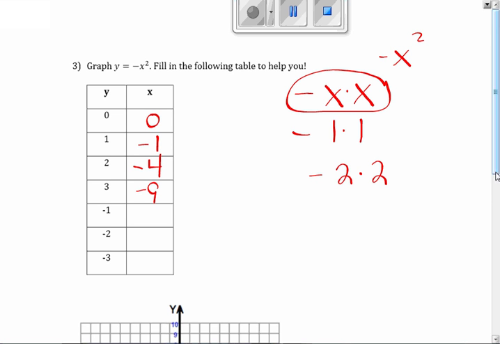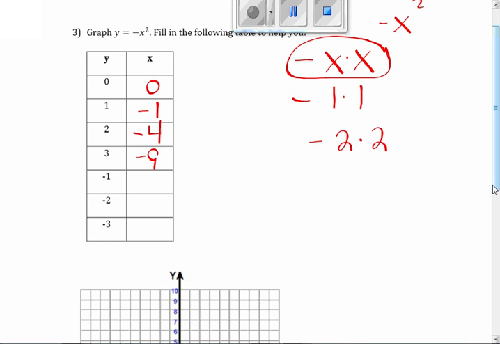So when I put in the negative 1, I have the negative 1 that's out here times the x, which is a negative 1, times the other x, which is a negative 1. What's going to be the sign of this? 3 negatives make a negative, so that's negative 1. Ideas for what negative 2 is going to give you? We're close. Negative, but it's negative 4, isn't it? And negative 3 will give you negative 9.